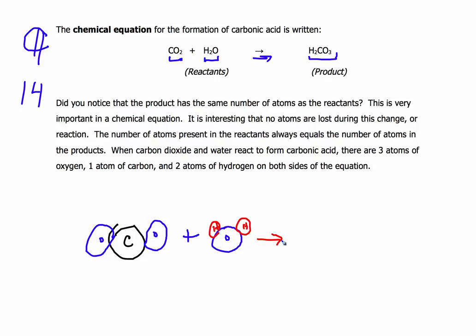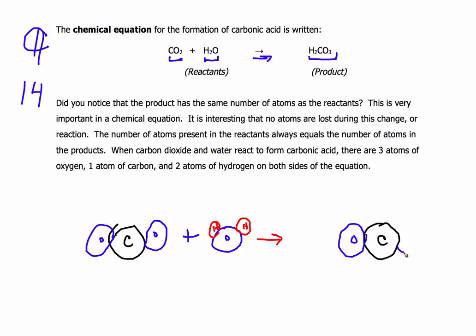And that's going to yield, when it's all said and done, a carbon atom right in the middle. So it's going to look like this. There's carbon, and then we're going to have 2 oxygen atoms. I want to do those in blue. So we're going to have an oxygen atom here. Actually, there'll be 3 oxygen atoms.